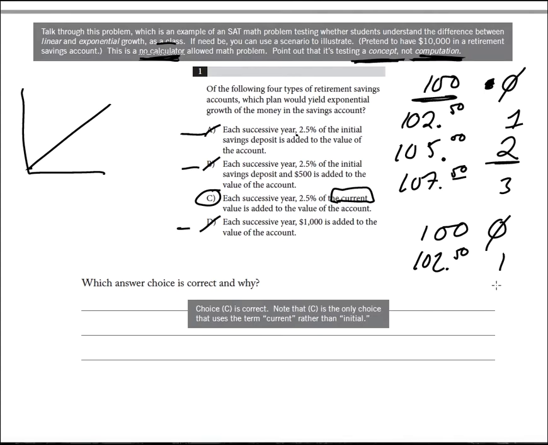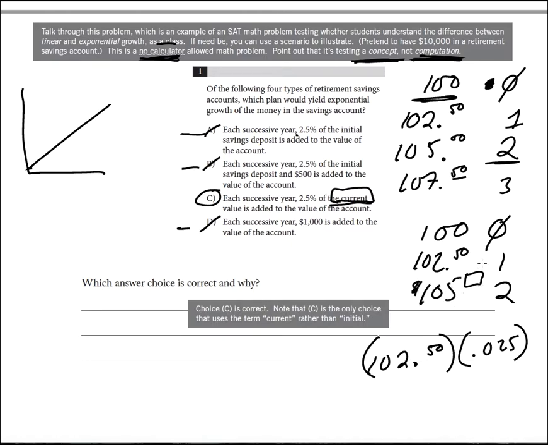Here's where it would start diverging, because after that I would not be basing it on the initial amount, it would be $102.50 times 0.025. I would be adding 2.5% and adding that back, and it would be $105 and some change, but it would be over $105. So if I were to graph it, it would go up more like that. It wouldn't be linear, it would be exponential.